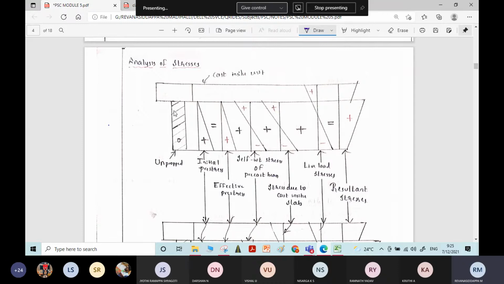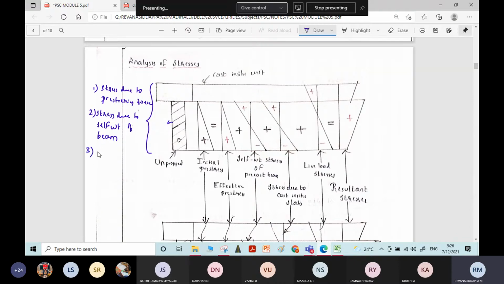If you take this composite section, there are stresses induced in different ways. One is stress due to pre-stressing force. Second one is stress due to self weight of the precast beam.